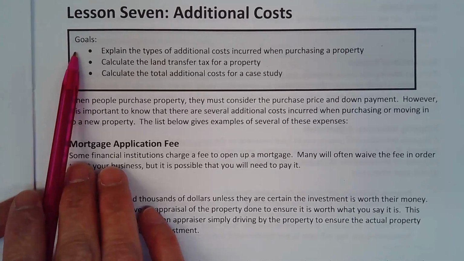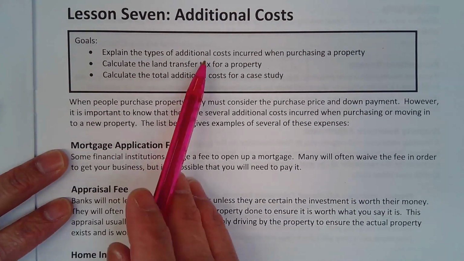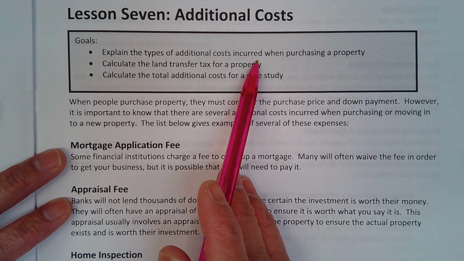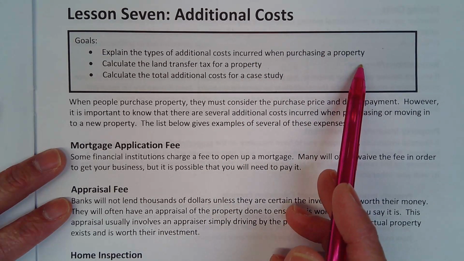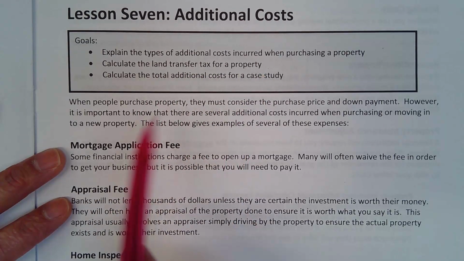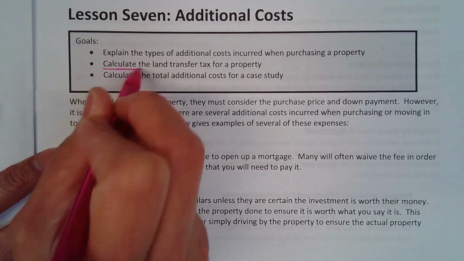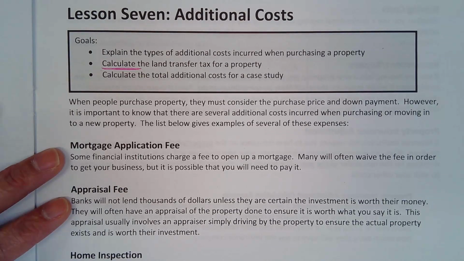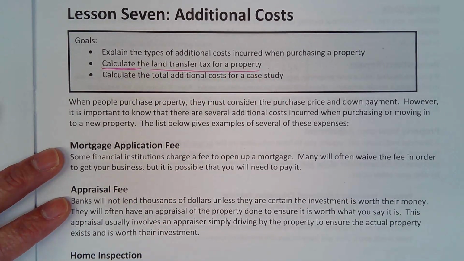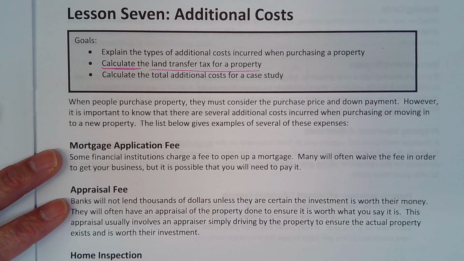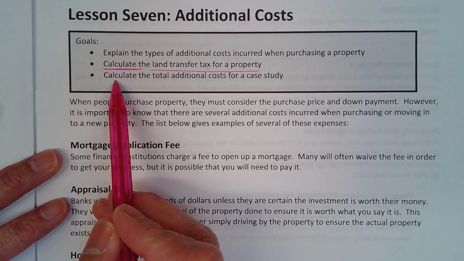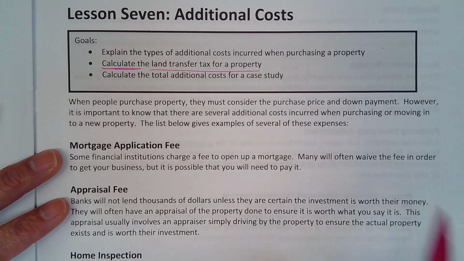Our goal is to explain the types of additional costs incurred when we purchase a property, calculate the land transfer tax for a property, which means there's some math involved, and then calculate additional costs for a case study. So another calculation.